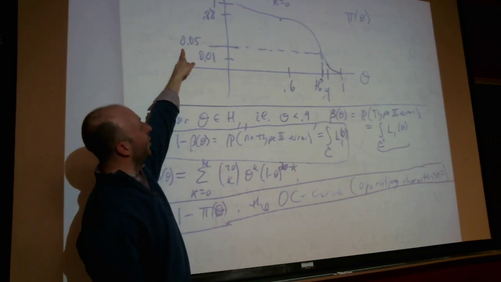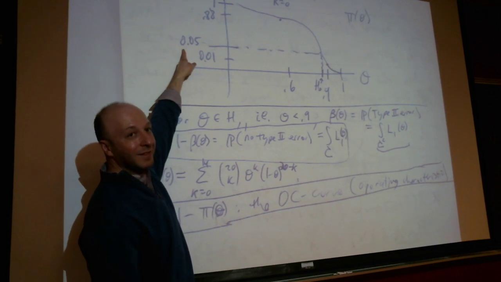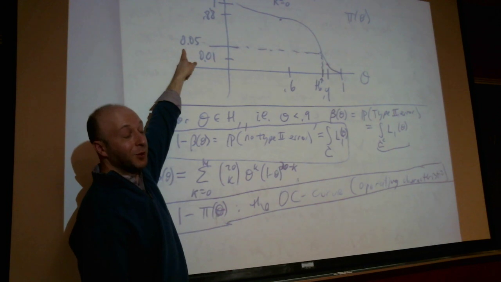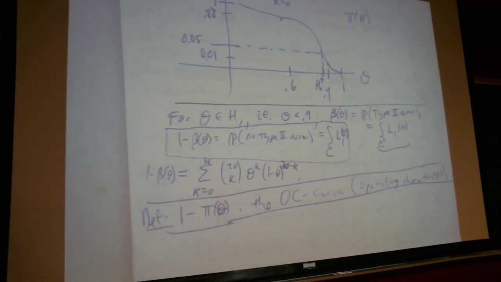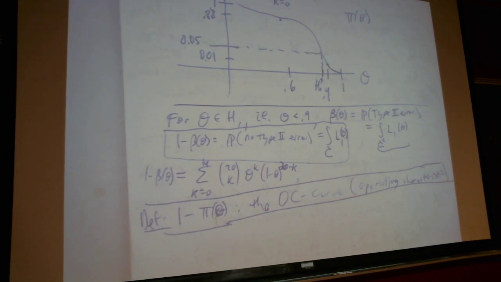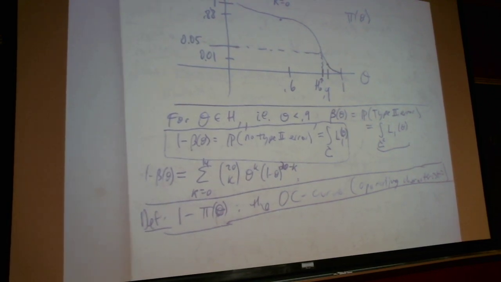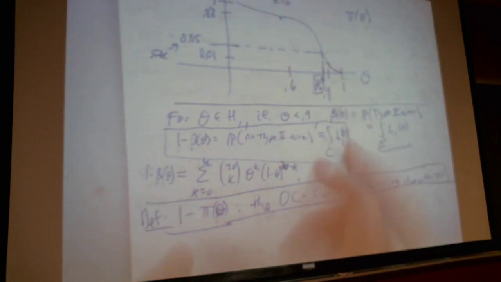Where do I choose my alternative hypothesis to have power 95%? Type 2 error 0.05, which is power 95. So this would be the size 0.05, if that's where I want to choose my null hypothesis to be. So I'm changing now.